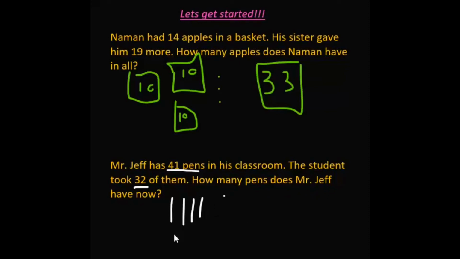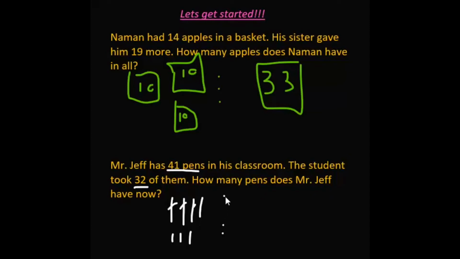Then we have 32. So 1, 2, 3, and then 1, 2. So now we can subtract 1 ten, 2 tens, 3 tens, because we're taking out 3 for 32, right?